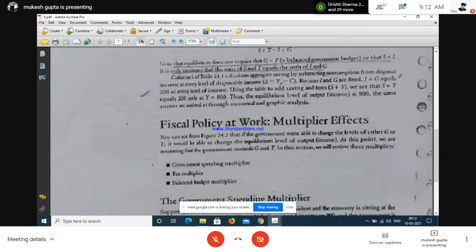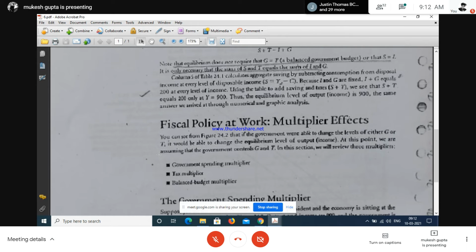Now we are going to see how fiscal policy works. Fiscal policy has two tools, government expenditure and tax. If government expenditure increases or decreases, how will it affect the national income of the economy?